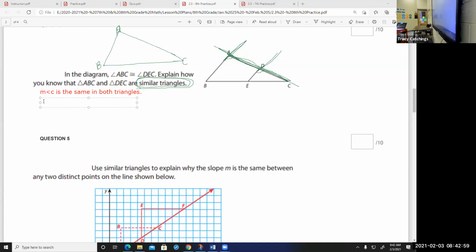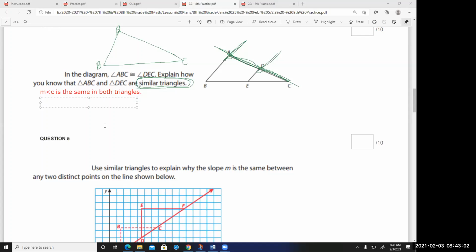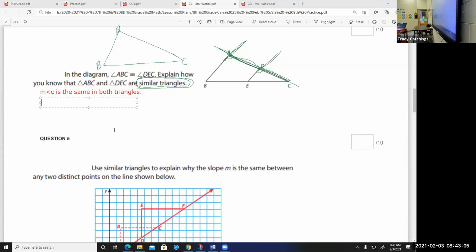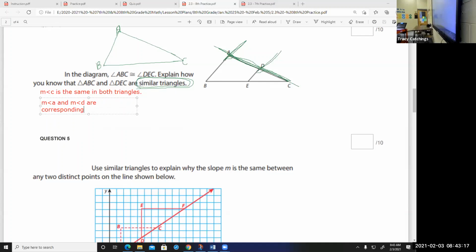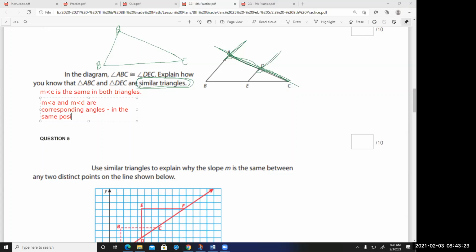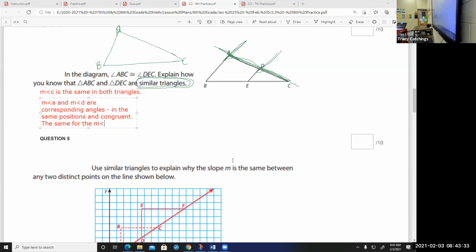Another C: corresponding. And what do we know about corresponding angles? They're in the same position and they are congruent. And that would mean the same for B and the measure of angle E.